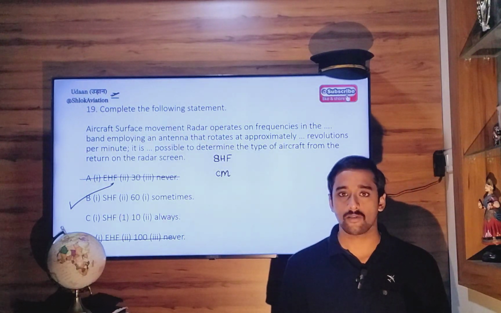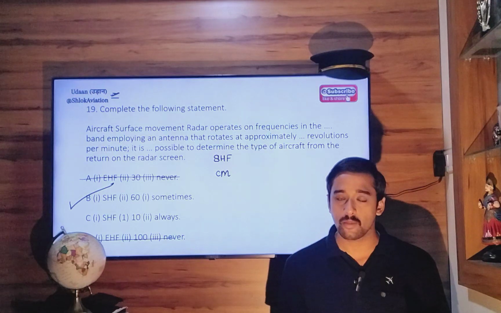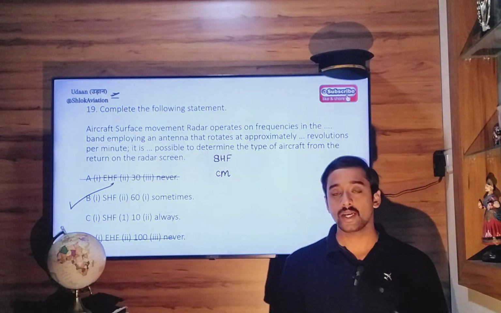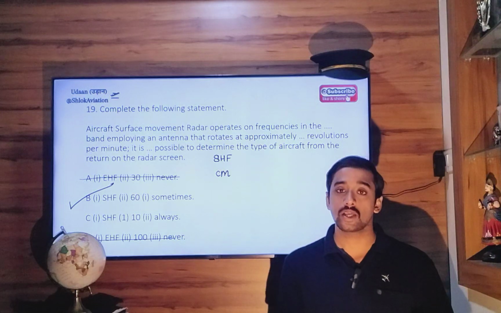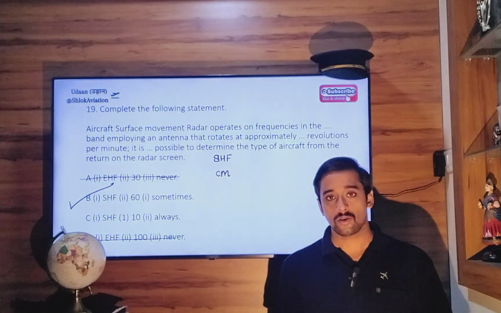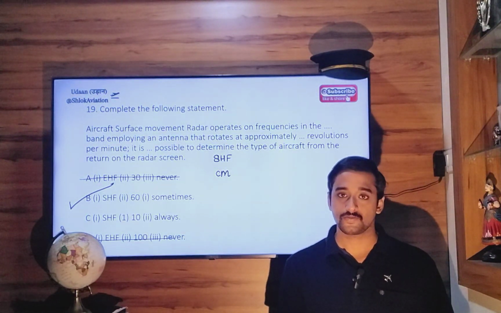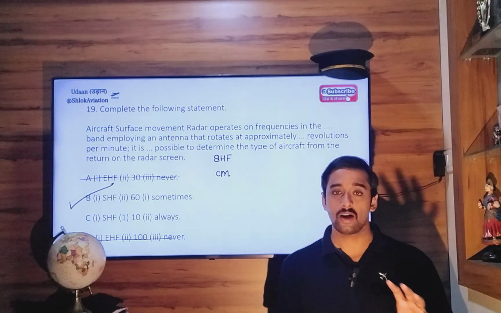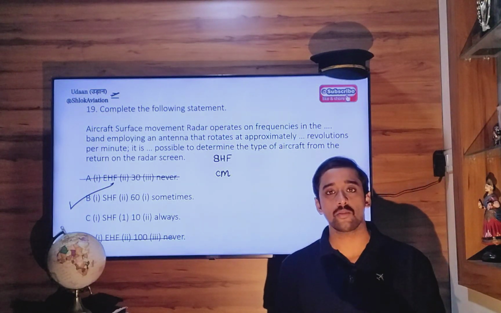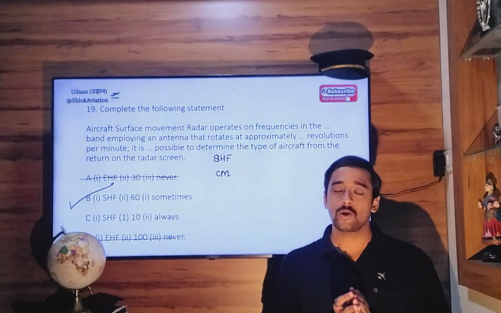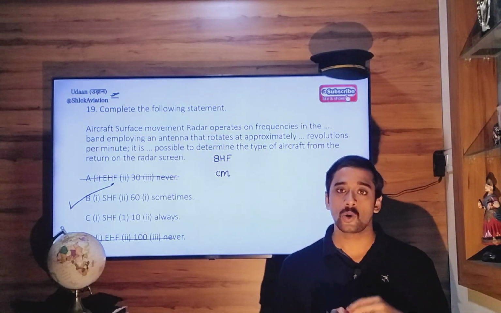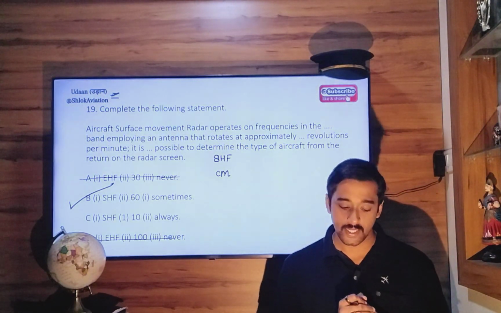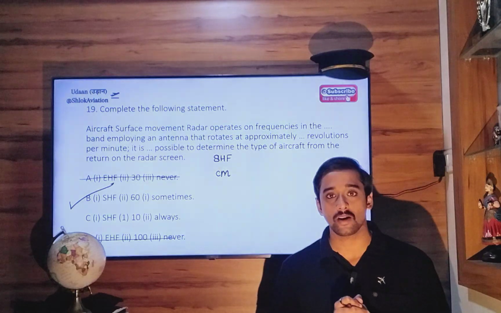Very small wavelengths, and therefore the target shown on the ATC radar screen is very accurate. The resolution is very intense. From that you can see the position of aircraft, their movements, and sometimes in favorable atmospheric conditions, you can also figure out the type of aircraft moving on the taxiway or located at the ramp. So that is the advantage of aircraft surface movement radar.